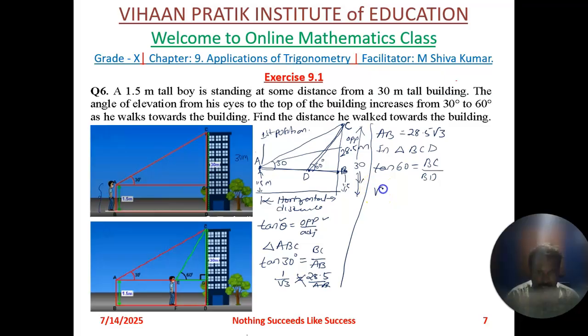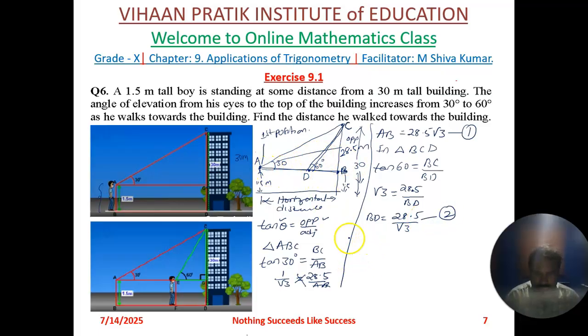Now tan 60 is root 3 equals BC, 28.5, divided by BD. So BD equals 28.5 divided by root 3. So let's assume this is equation 1, this is equation 2.